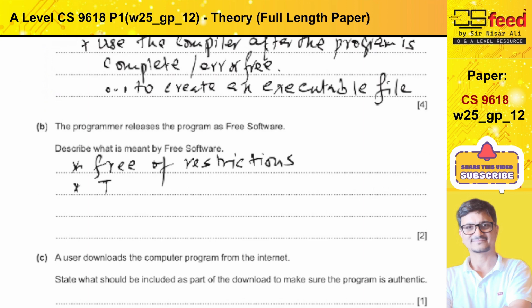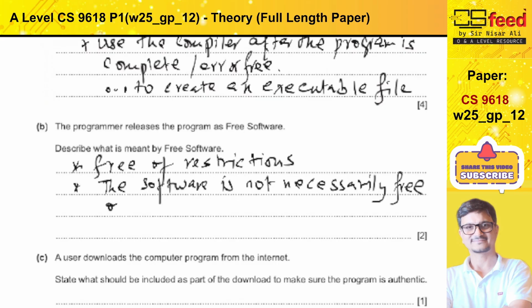And you can write that the software is not necessarily free of charge. Clear this point?